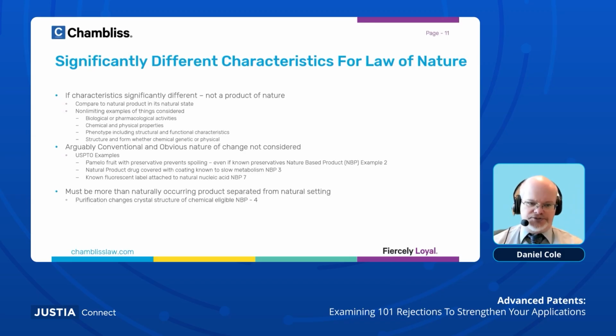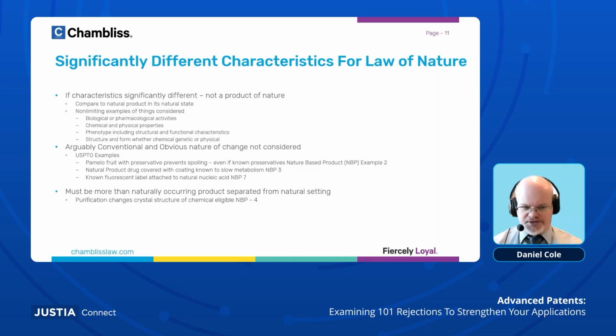A natural product drug, you've got to find this drug in the environment, but you coat it with a coating that's known to slow metabolism. You now have significantly different characteristics from the item in nature. But again, since you're using something that was known before and is going to combine with the natural product in a known way, you may run into obviousness problems.